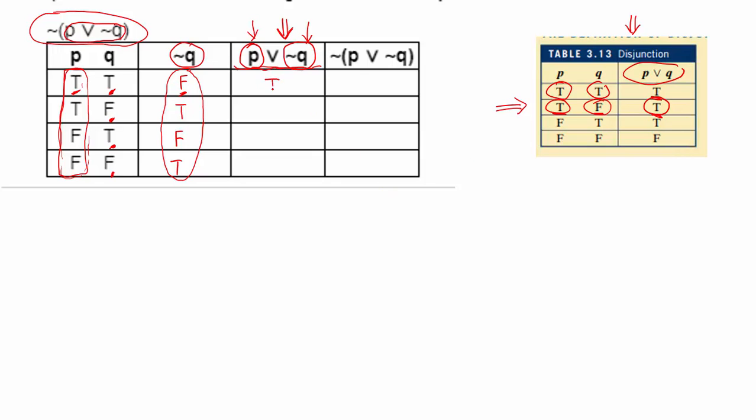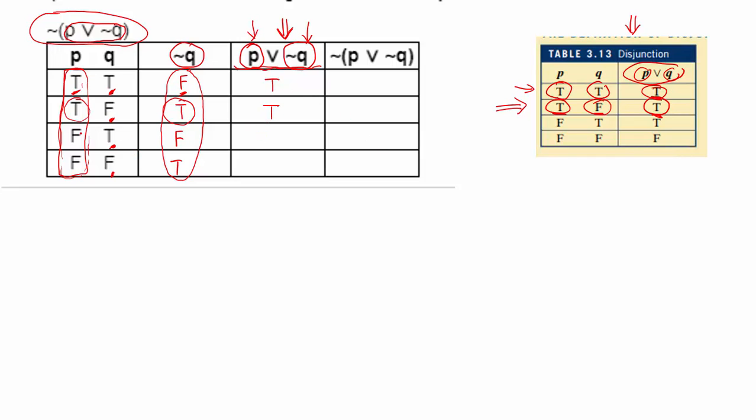So you have to put true here. Look at the second pair. The P is true, okay? The negation of Q is also true. So basically you have this scenario, right? So these two are true. So when they are connected by the or, then the or statement should be true, okay? So you should put a T here as well.